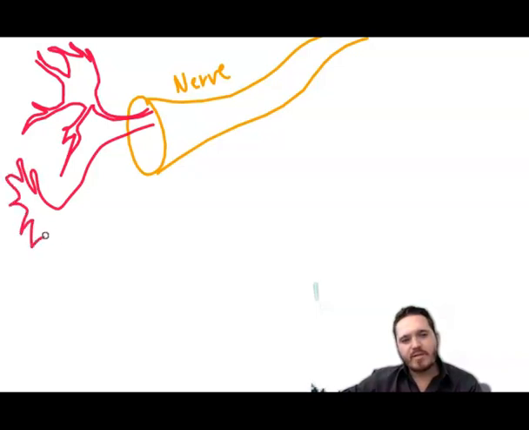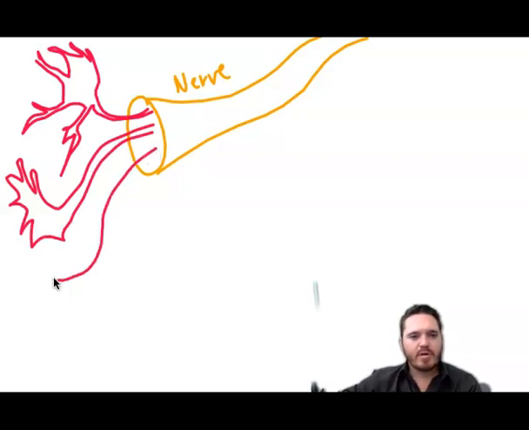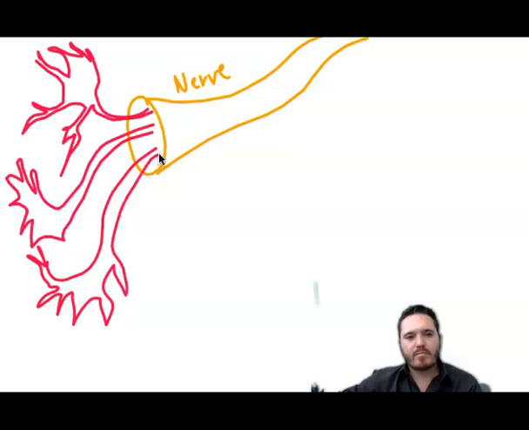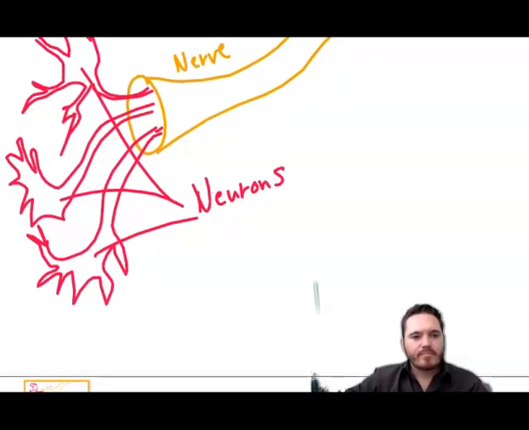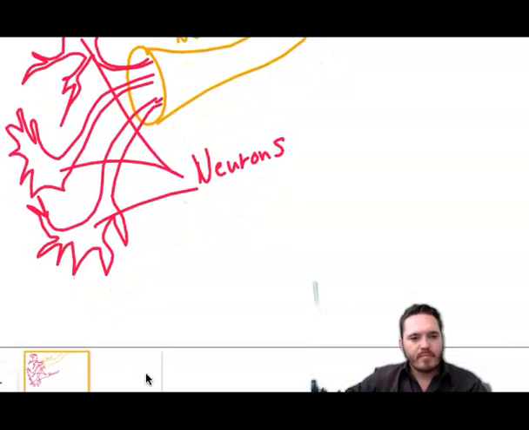These are the dendrites. So I'm just going to draw 3 neurons with the dendrites coming out. Neurons. Okay, now let's look at the actual structure of a neuron.